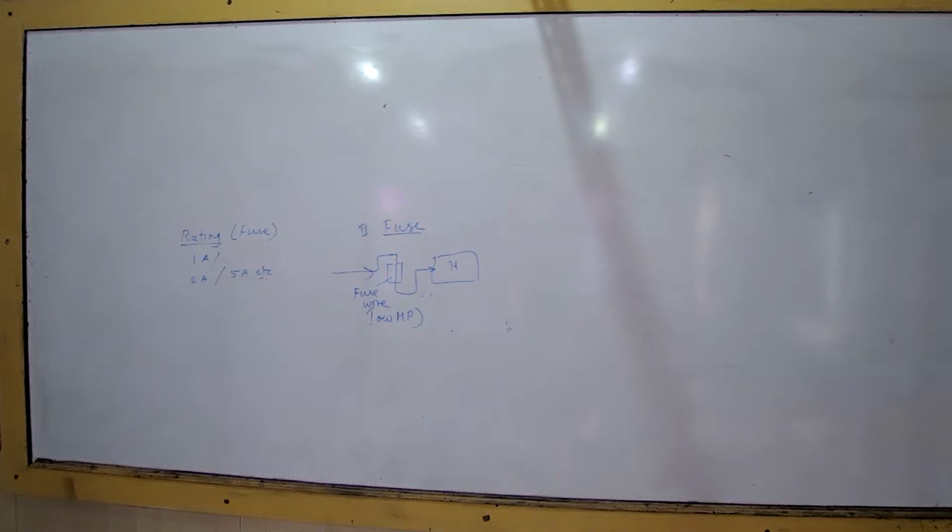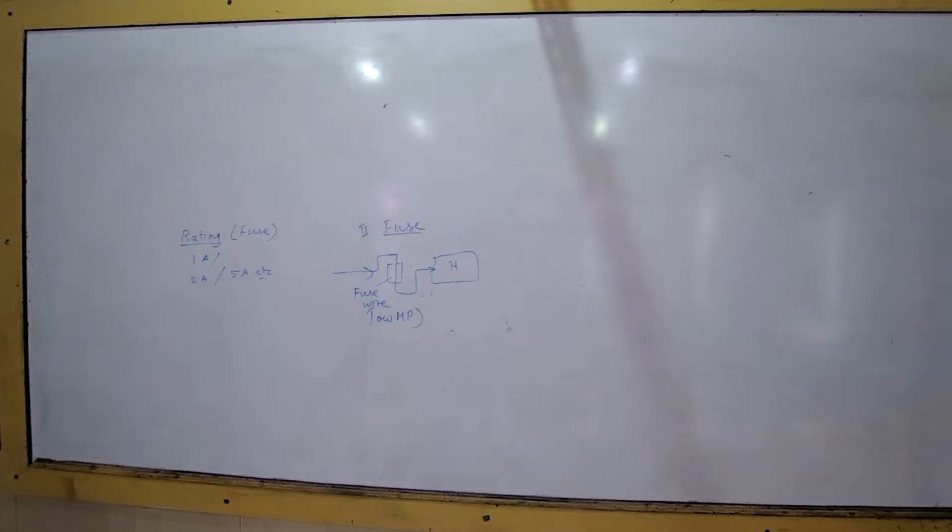When you see the last paragraph, they are also talking about the rating of the fuse. What does it mean? Why should we use 1 amp or 10 amp or 8 amp? That depends upon the appliance. And how do we calculate?